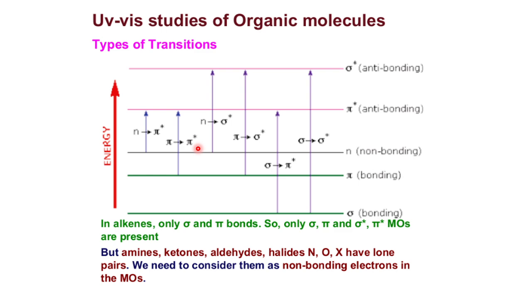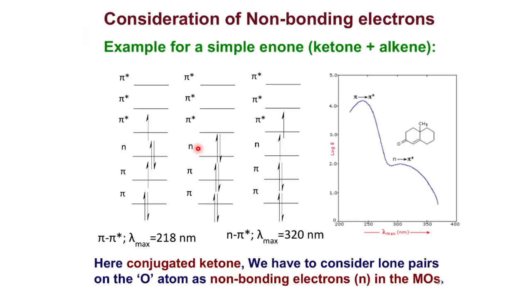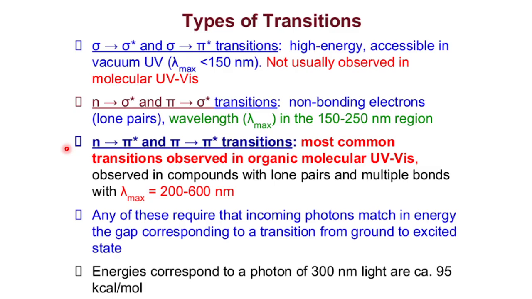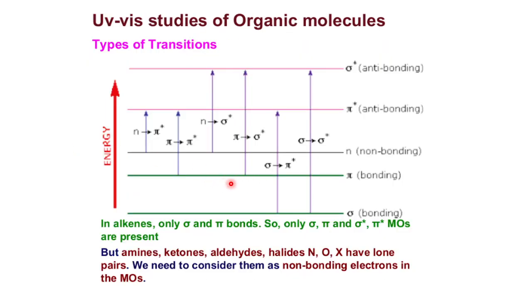But if it is minus I, when it is hydroxyl, it has a minus I effect, because oxygen is much more electronegative. It will attract the electron density towards its nucleus. So in that case, that pi bonding orbital will be shifting in the lower direction because of the minus I effect. So the affinity of the substituent matters, because based on the affinity, the electron density will be changed.